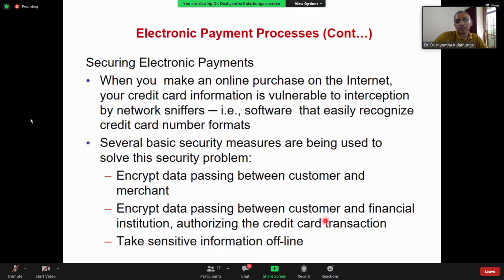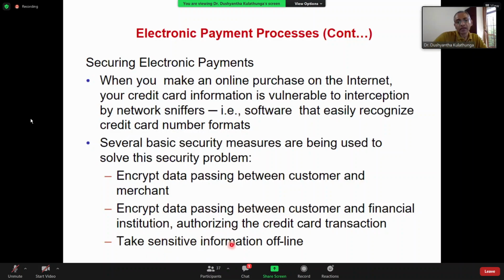Credit card information may be communicated between the customer and the financial institution. So again, the same mechanism will have to be utilized. Before data are communicated from the customer's end, that data will have to be encrypted, transformed into an unrecognized format before being communicated. So that can be utilized.